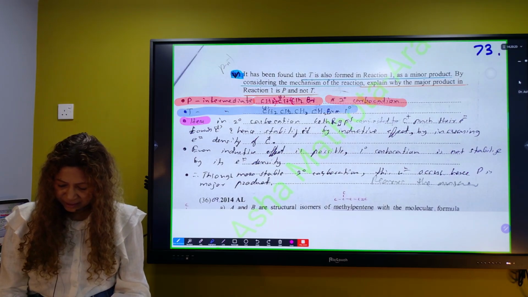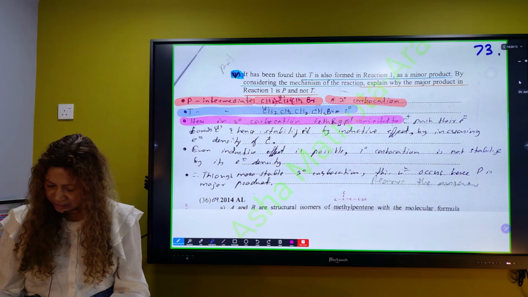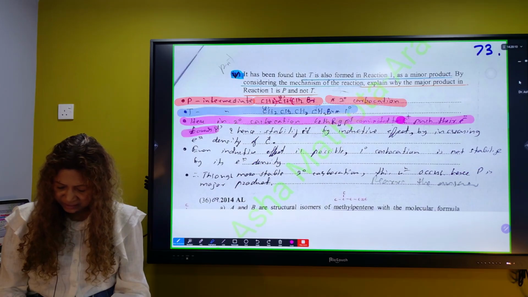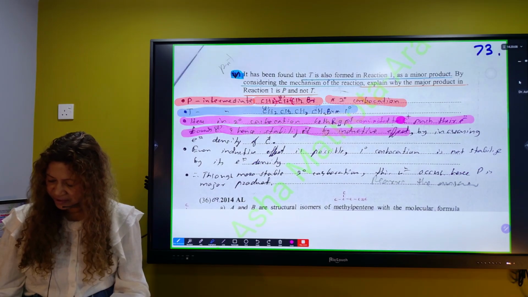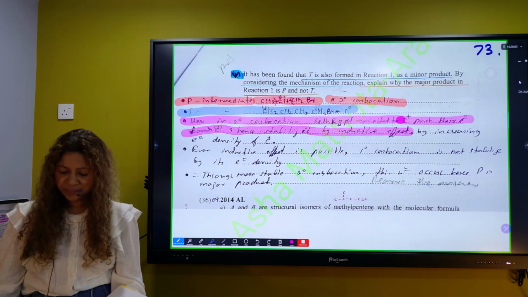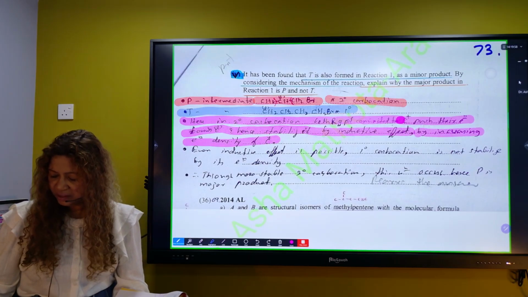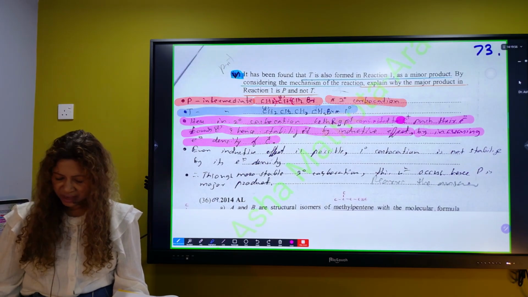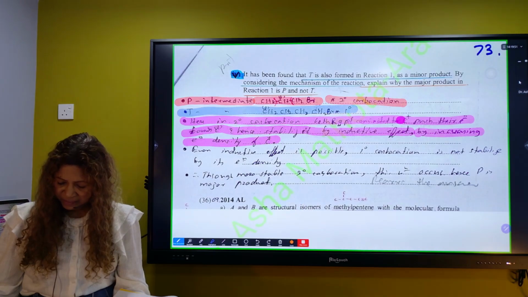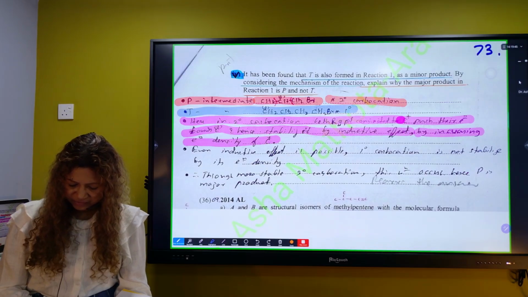Here in the secondary carbocation, both R groups connected to C plus push their electrons towards C plus and hence stabilize it by inductive effect, by increasing the electron density of C plus.